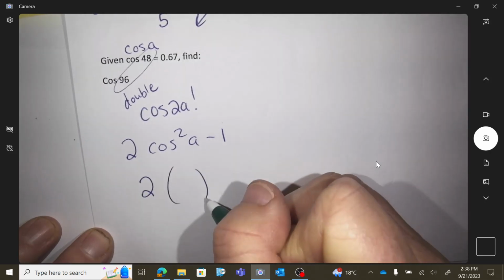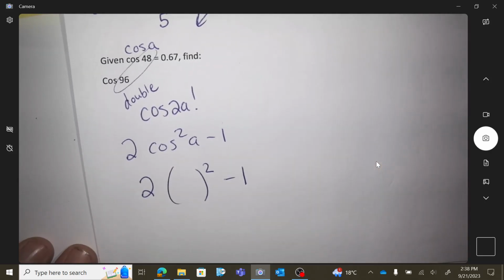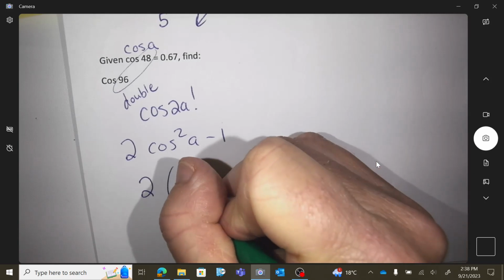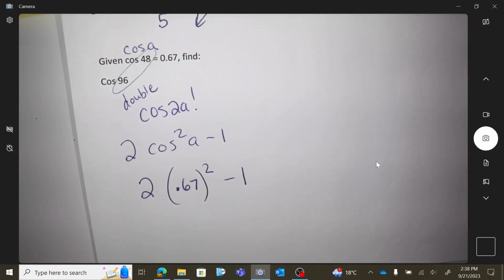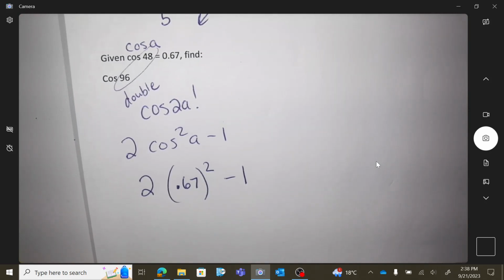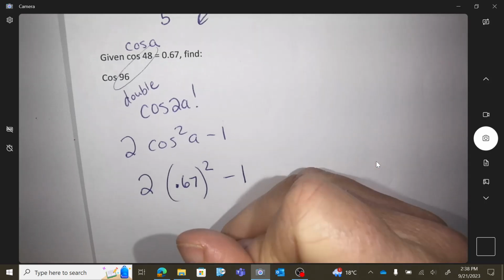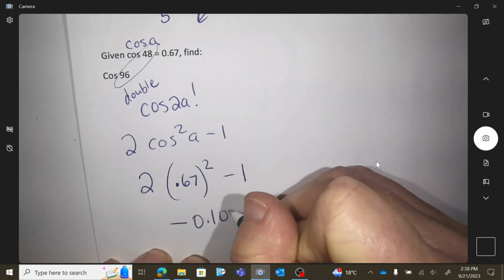So 2 brackets squared minus 1. So thinking about what am I replacing cos a with? 0.67. Okay? Just wanting to understand that. I'm going to type it into my calculator.